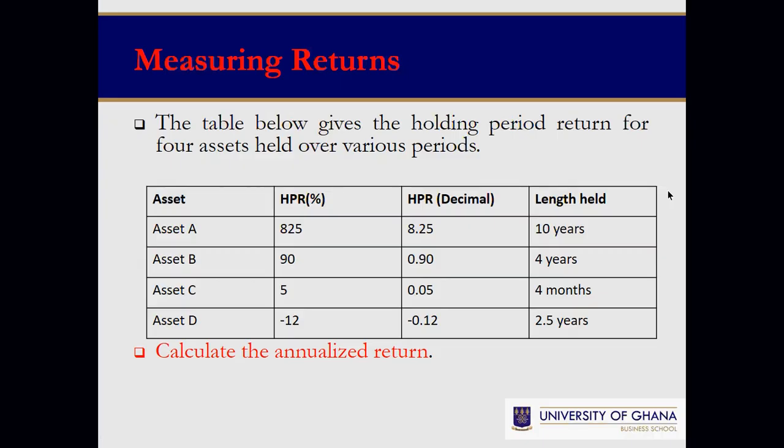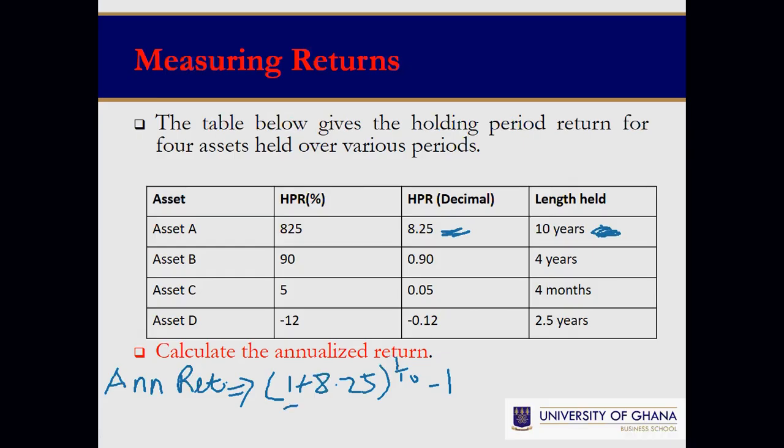So if you want to find the analyzed return, the analyzed 10 is basically what we get: 1 plus HPR, here is 8.25, then raise to the power 1 over n, here is 10, minus 1. So 9.25 to the power 1 over 10.